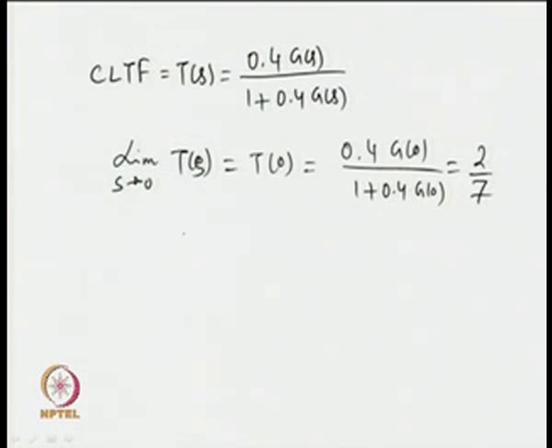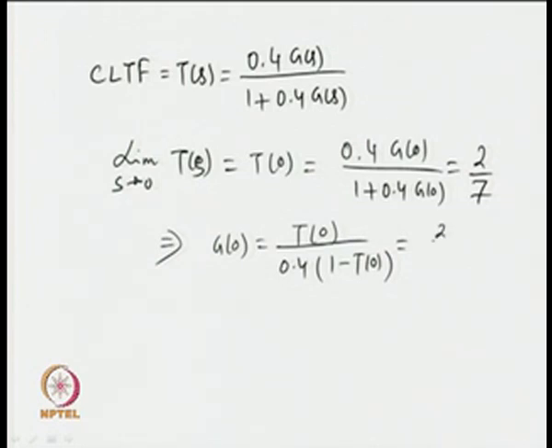So, after simplification, it is not difficult to obtain G 0 is equal to T 0 upon 0.4 times 1 minus T 0. Upon substitution this gives 2 upon 7 by 0.4 times 1 minus 2 upon 7, which is again equal to 2 upon 7 by 2 upon 7, which is equal to 1.